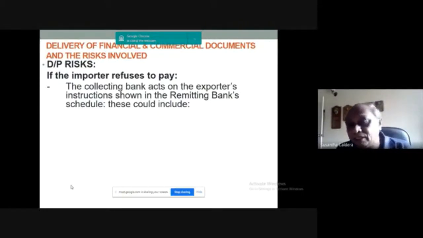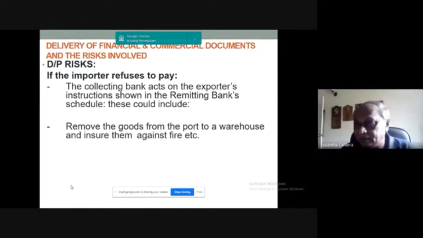So the collecting bank acts on the instructions shown in the remitting bank schedule. The schedule may include instructions to remove the goods from the port to a warehouse and insure them against fire. You get these instructions very often.